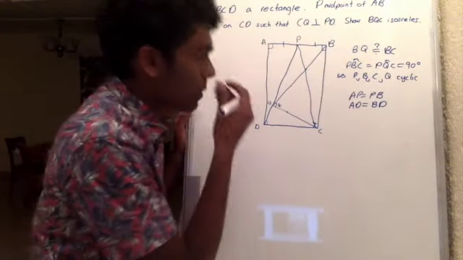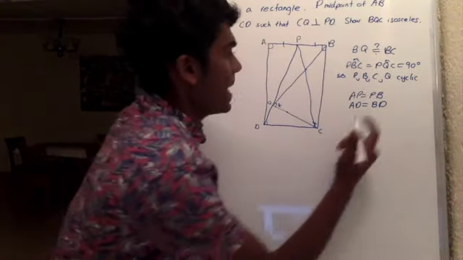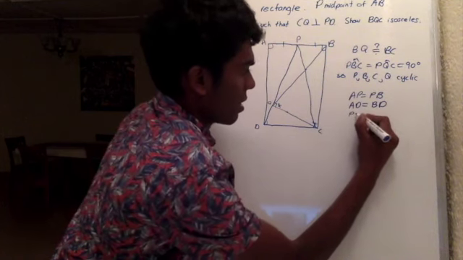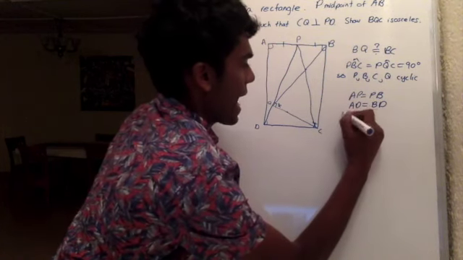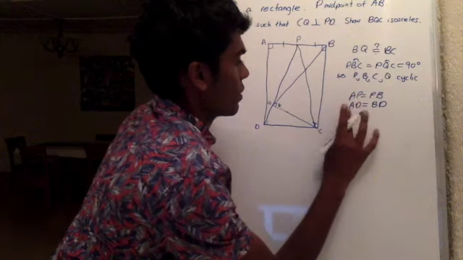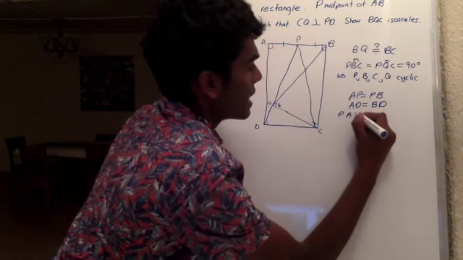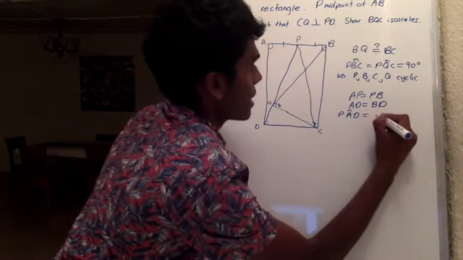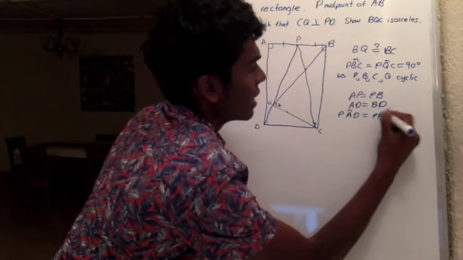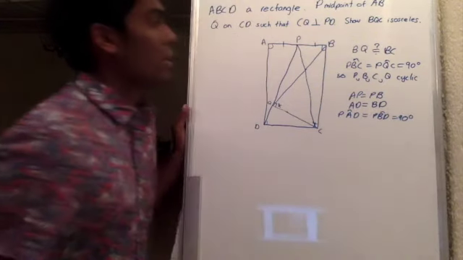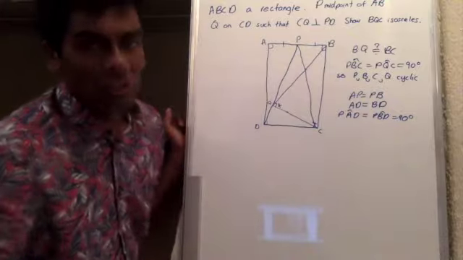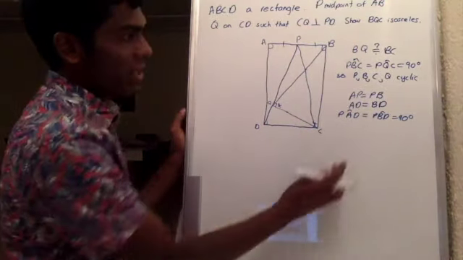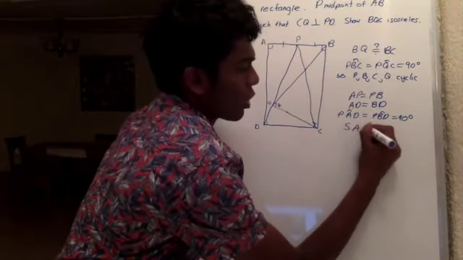And finally, we also nicely have that PD is common. Let's write it one more time: PAD angle equals PBD equals 90 degrees. So those two triangles are just a reflection of each other, and by these three rules we have SAS congruency.